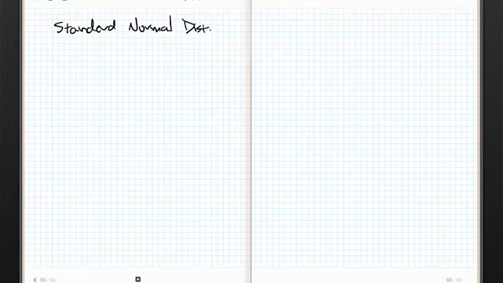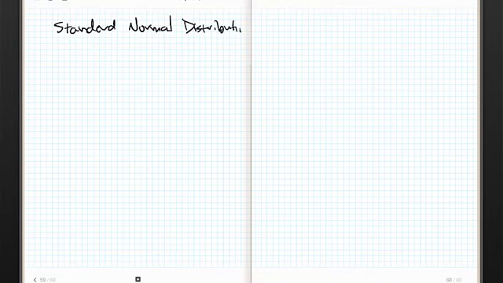So what we have, and this is the granddaddy of all normal distributions, is the standard normal. All right, the standard normal curve. And this is the granddaddy of all normal curves. And I'll show you the power of this in just a little bit, but not yet. Just be patient with me for a second.